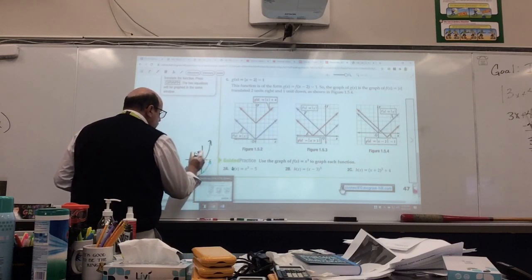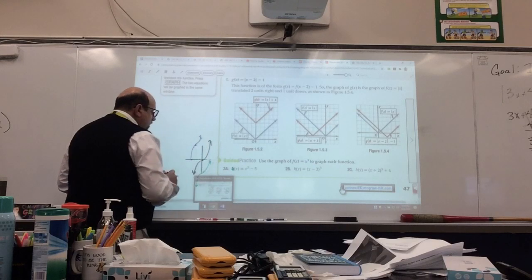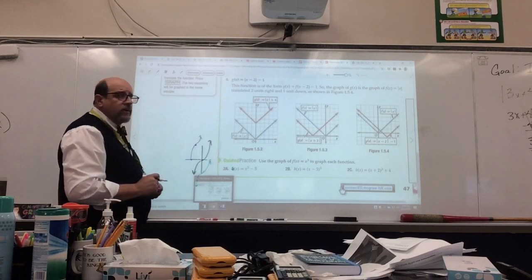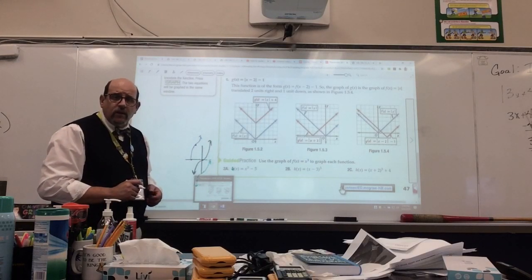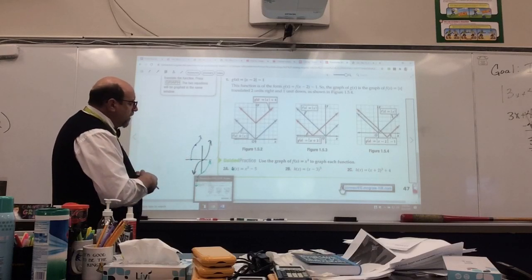I'm going to shift up 4. 1, 2, 3, 4 spaces. And I'm going to make that my vertex. And I'm going to create my graph. Sound good? Should not be very difficult. There they are.